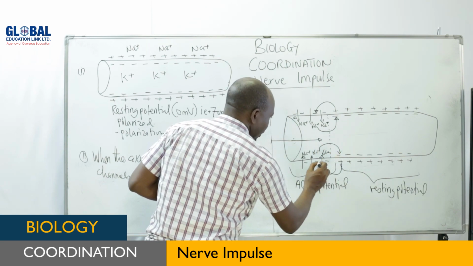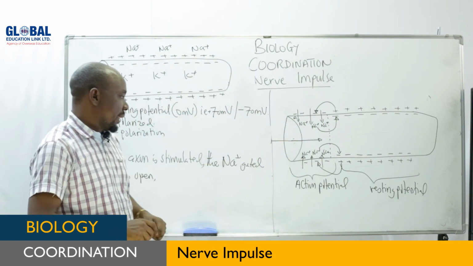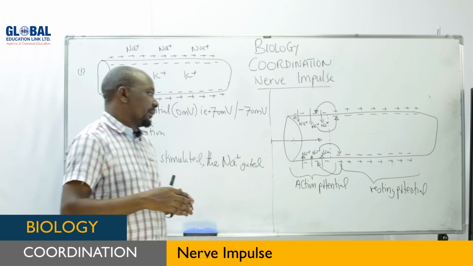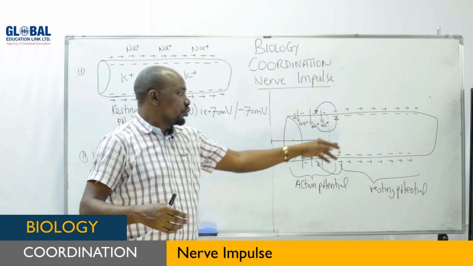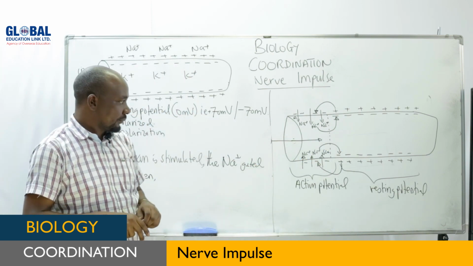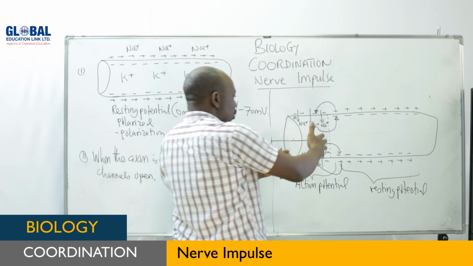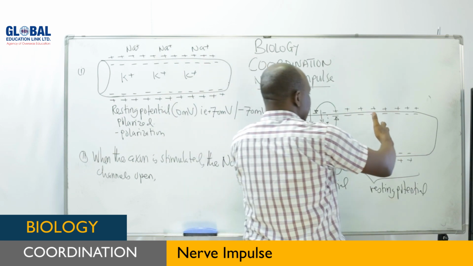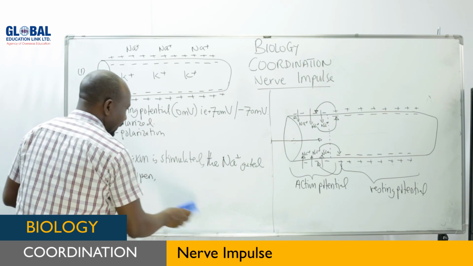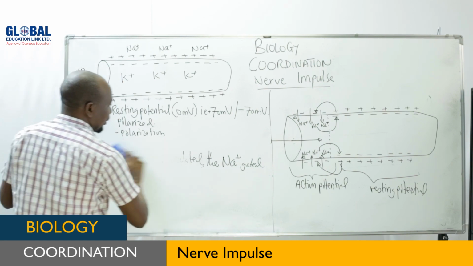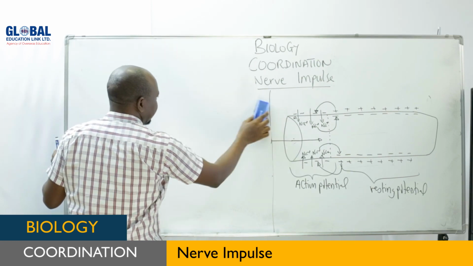So these local circuits induce a neighboring part of the axon to be stimulated. And hence, the action potential will move from this part and cause stimulation to the next part.